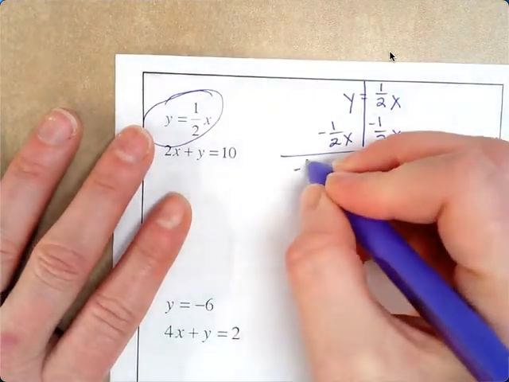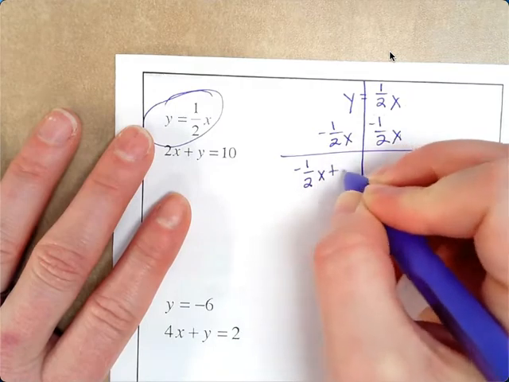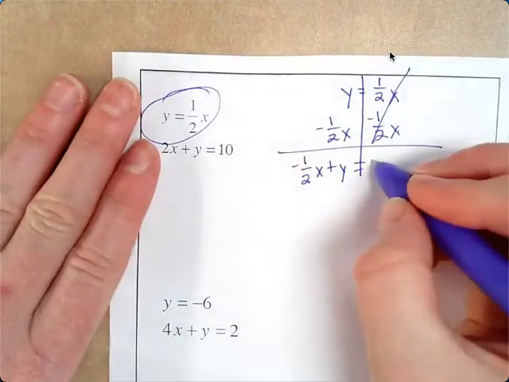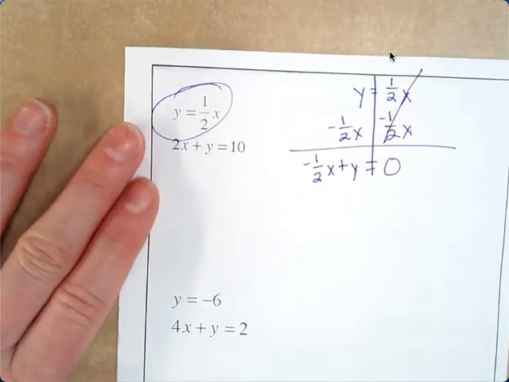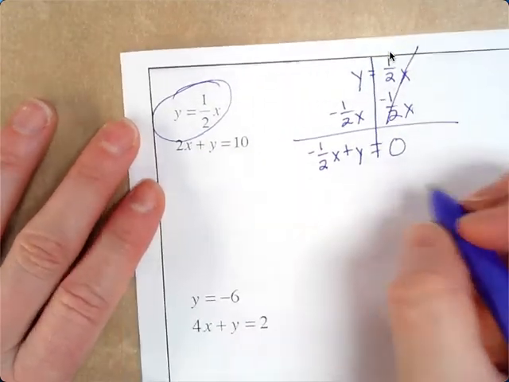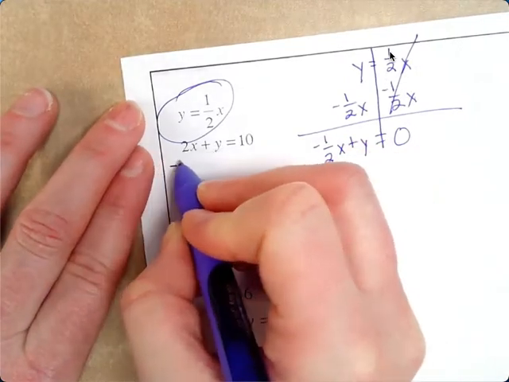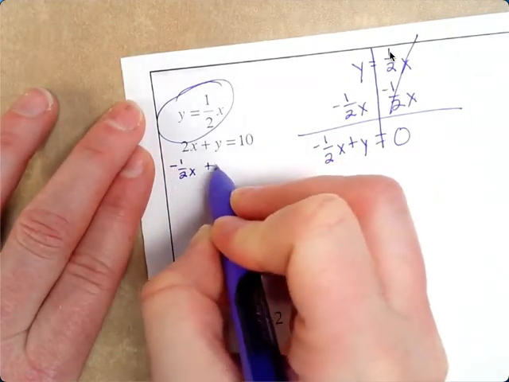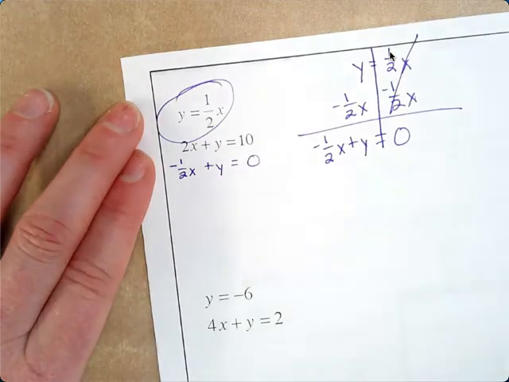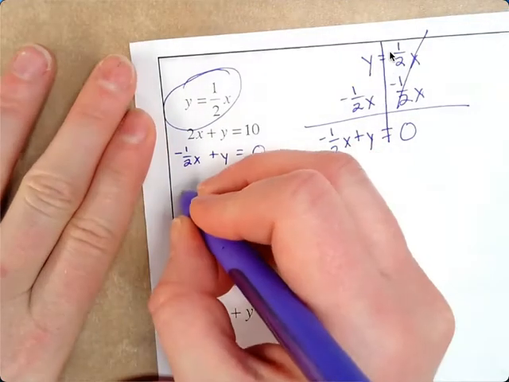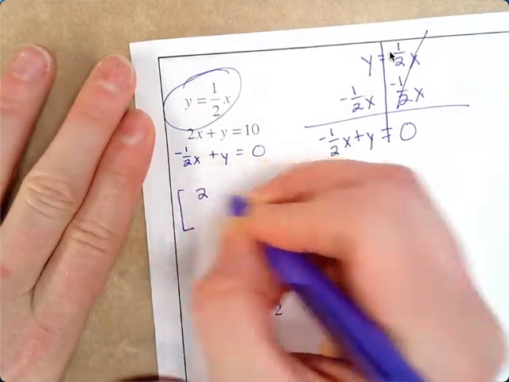So that means it's negative half x plus y equals nothing. There's nothing there, so it'd have to be equal to 0. So then our system of equations is 2x plus y equals 10, and then negative half x plus y equals 0. Once you rewrite it, put it underneath the other equation, and then do your matrix.